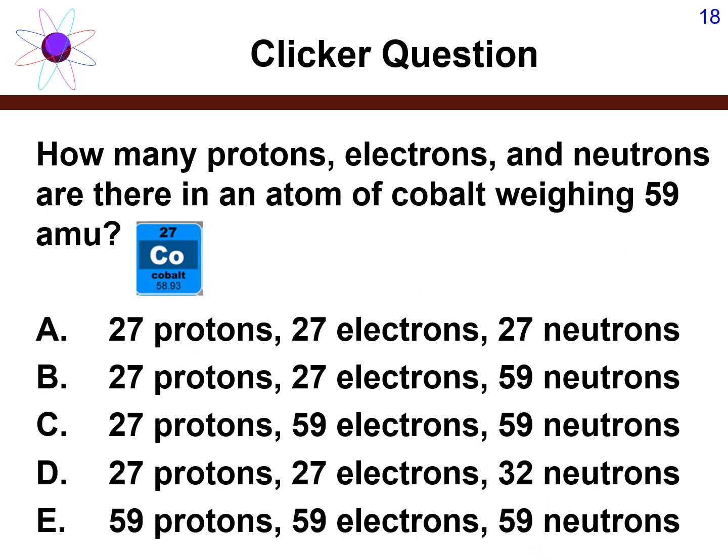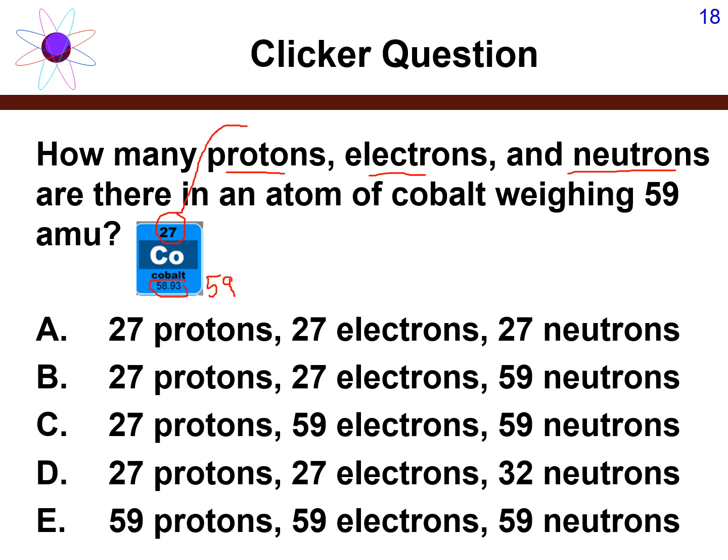So here's a clicker question. It says, how many protons, electrons, and neutrons are there in an atom of cobalt weighing 59 AMU? All right, so we just round this number up to 59. And so we want protons, electrons, and neutrons. Well, for protons, you simply look at the atomic number.